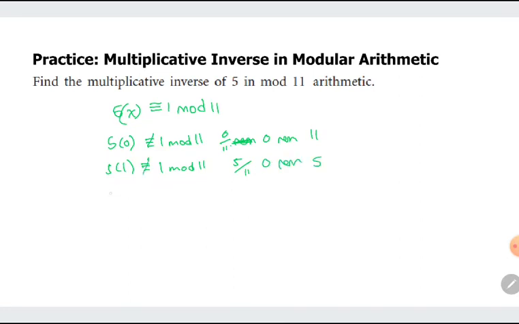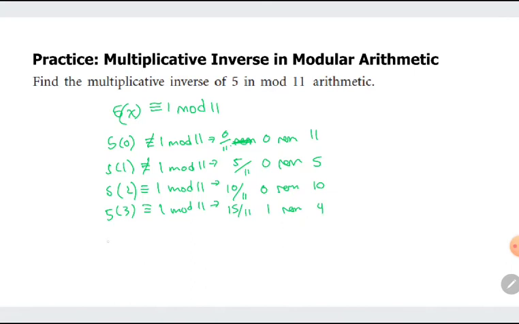So this is not true as well. 5 times 2 is 10 divided by 11. So still not a remainder of 1. 5 times 3 is 15. If we divide it by 11, quotient of 1, remainder of 4.